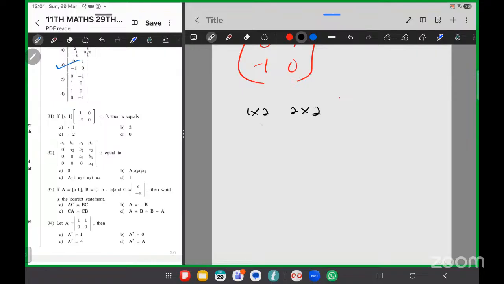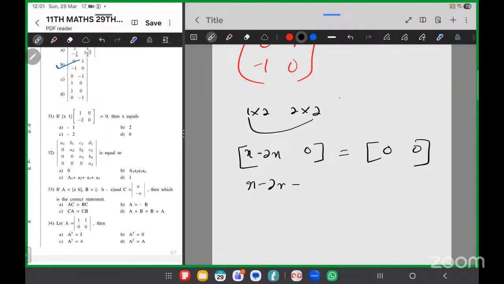So we can consider it as a 0 matrix. OK. So x minus 2x, then 0 and 0. Equal to 0 matrix means I can write x minus 2x is equal to 0. So x minus 2x is minus x is equal to 0, which means x is equal to 0 is the answer. 31 D.